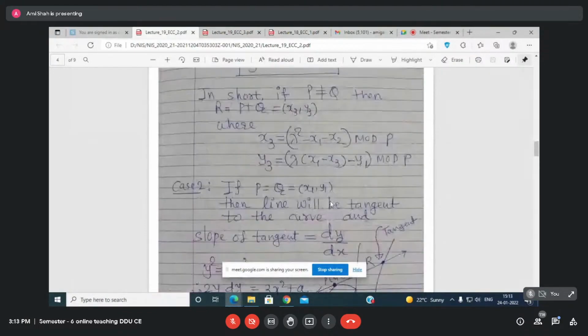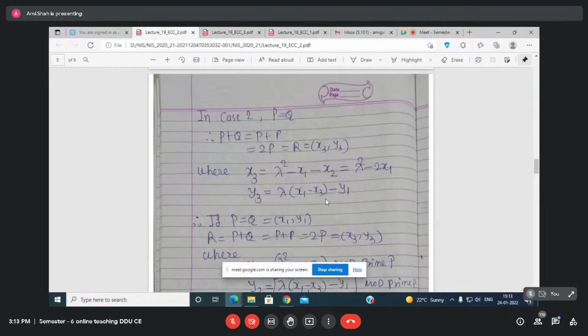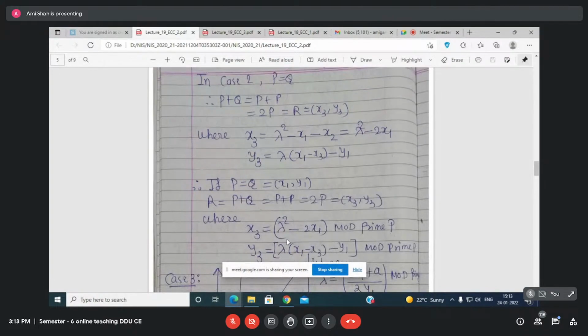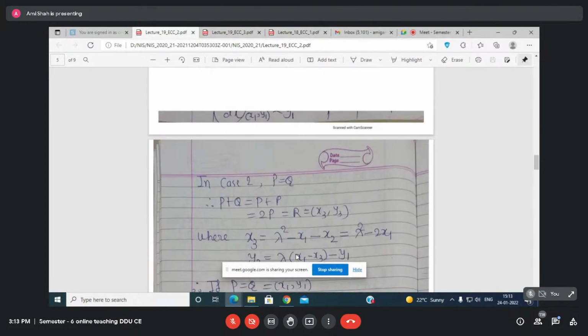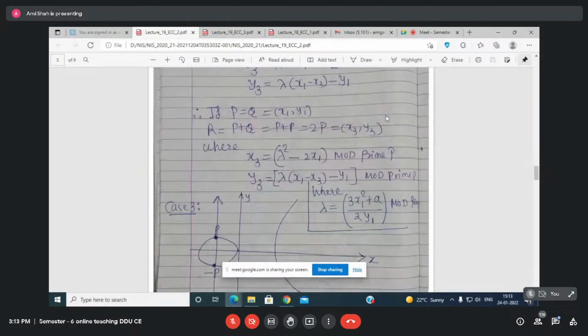Because in this case x1 and x2 are both the same. So x3 is lambda square minus 2x1, and y3 is lambda times (x1 minus x3) minus y1. This is the second scenario that I have discussed.